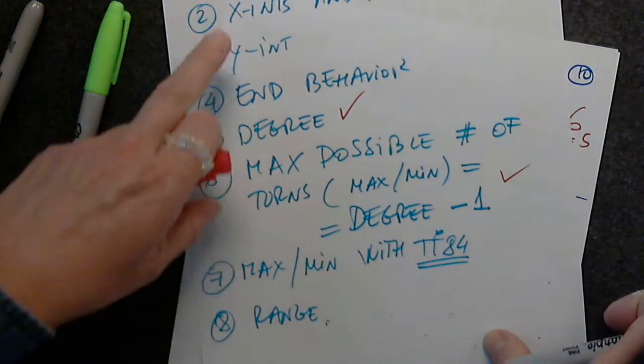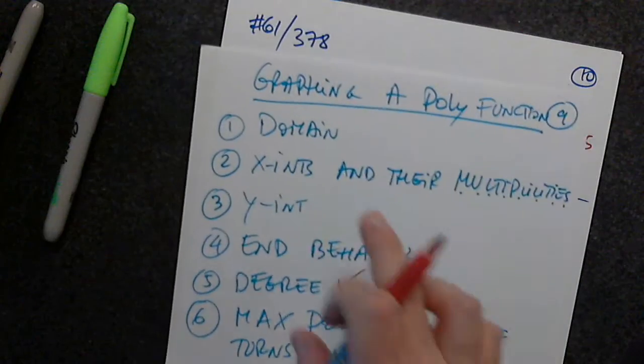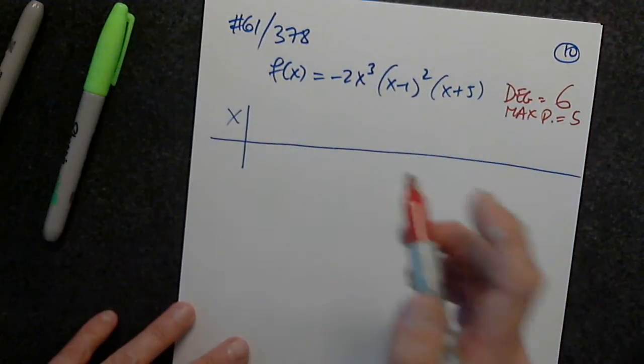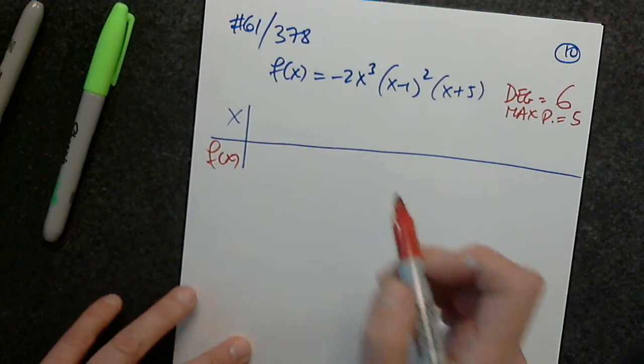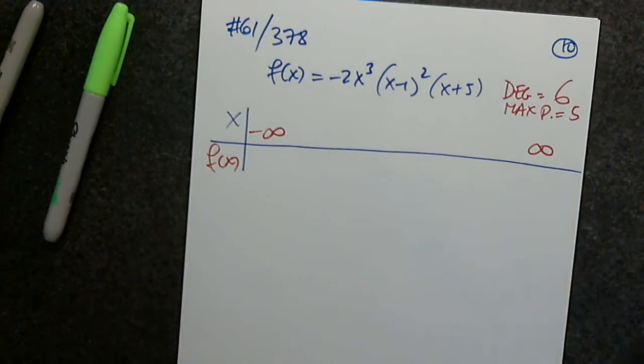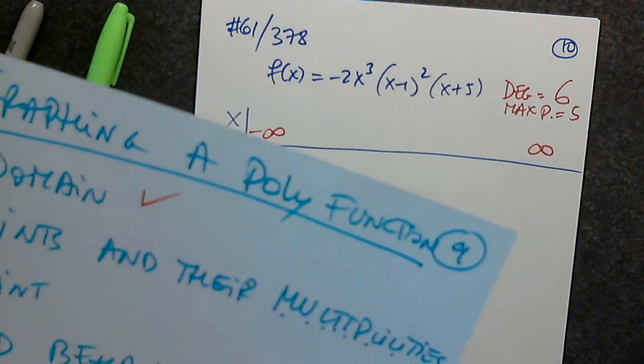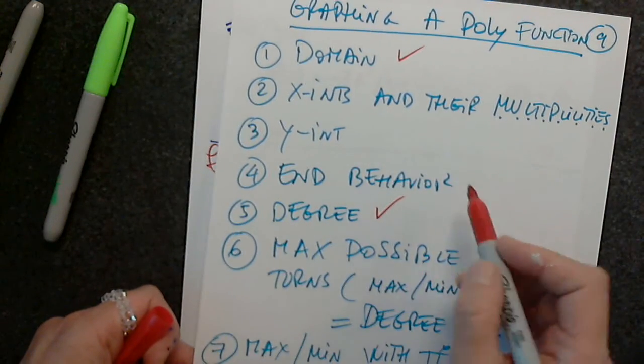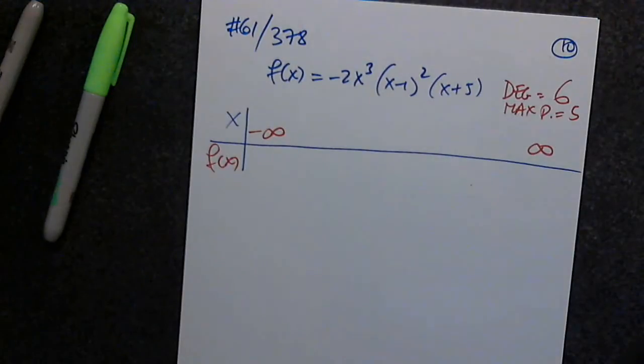Now I would like to find the domain, please. What is the domain of any polynomial function, always? Negative infinity to infinity. Done. We need to identify the end behavior next. You said degree 6.